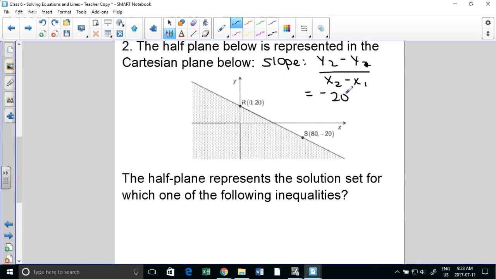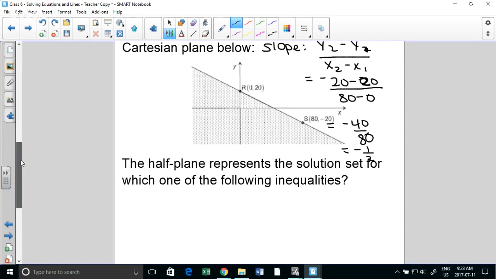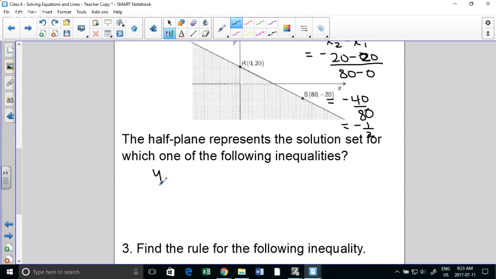So here I have negative 20 minus 20 over 80 minus 0. That gives me negative 40 over 80, which gives me negative 1/2. I have y equals negative 1/2 x, plus 20, which is my y-intercept.